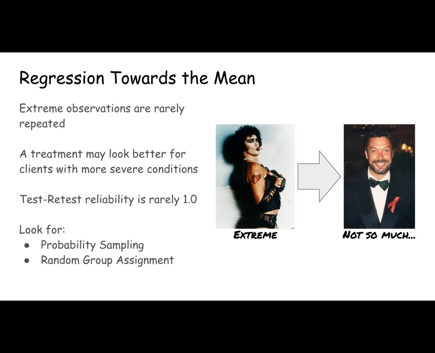And where this becomes a problem is when investigators use extreme scores either to choose their sample or when they do group assignment. And this can be something like, we have a handwriting intervention, so we chose kids who scored really poorly on a handwriting test. Well, some of those kids may have just done especially poorly that day, and so they're primed to do better regardless of what your intervention is the next time you measure them.